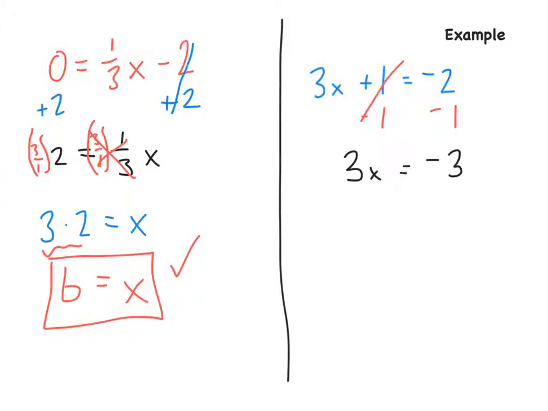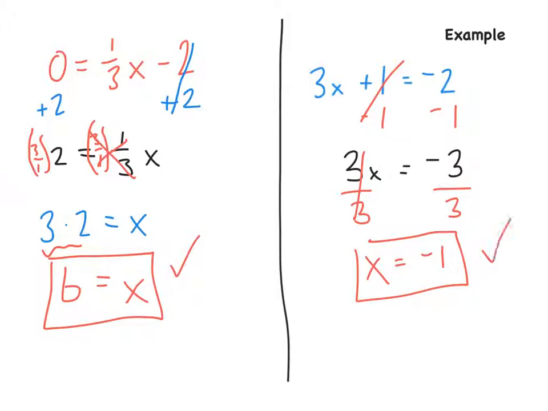Now, to solve for x, that is 3 times x. The opposite of multiplication is division, so we divide by 3 on the left side and divide by 3 on the right side. So x is equal to -3 divided by 3, which is -1. And this is our final answer.